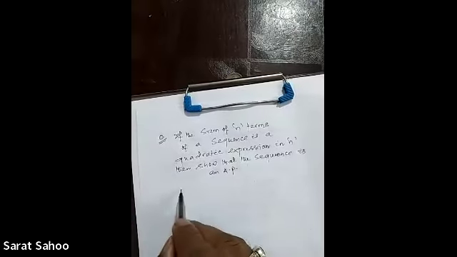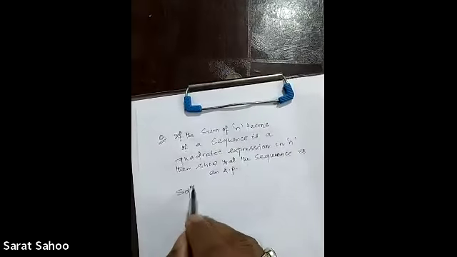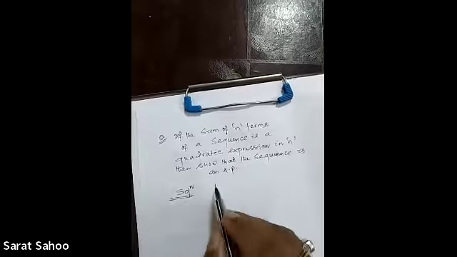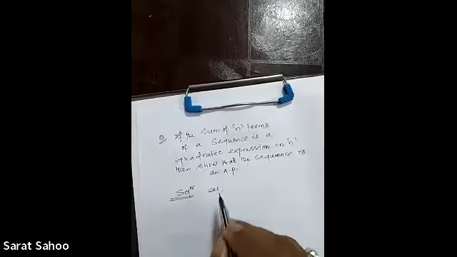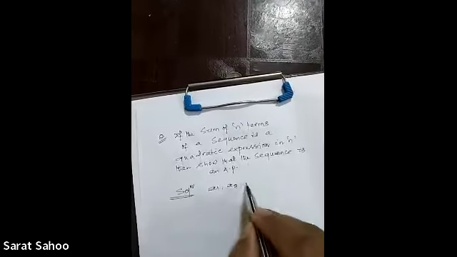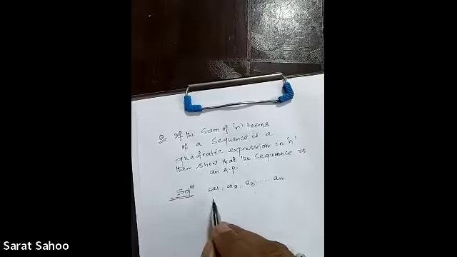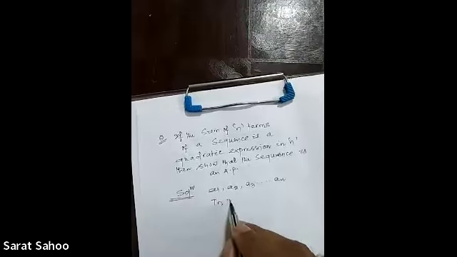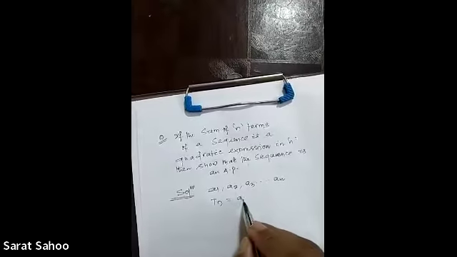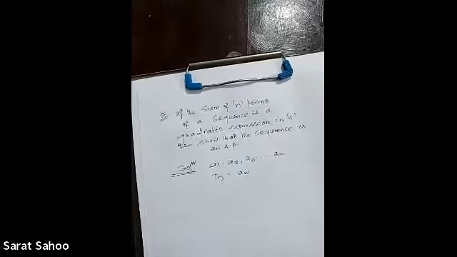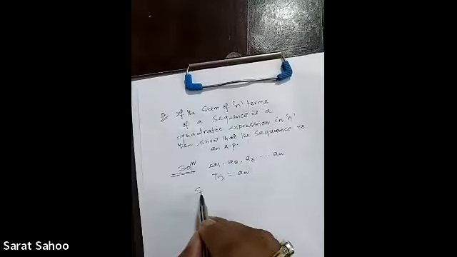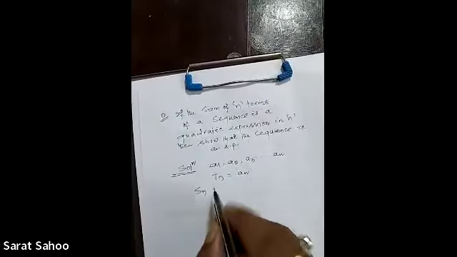Generally, let the sequence be A1, A2, A3 up to An. The nth term of the sequence is denoted by Tn, and the sum of n terms is denoted by Sn.